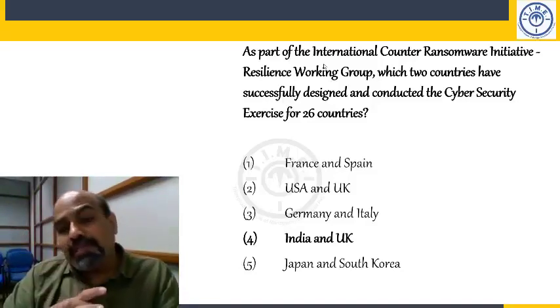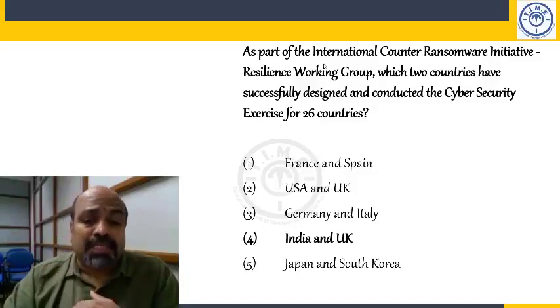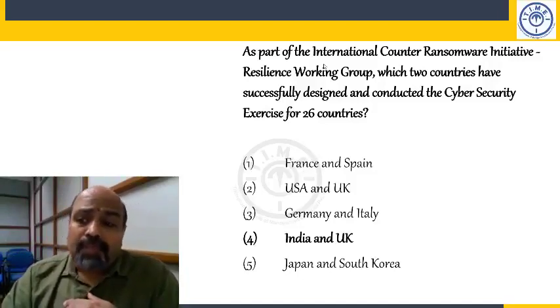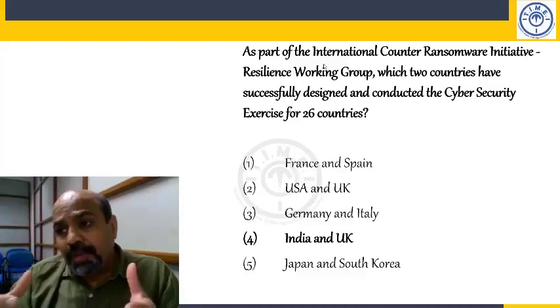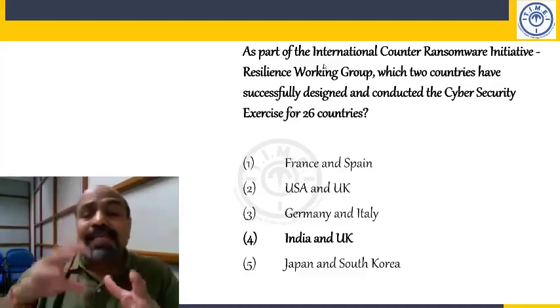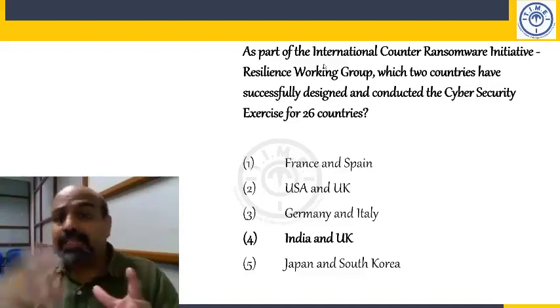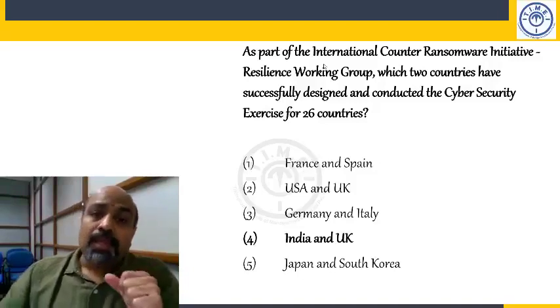So this year, what these two countries did was they focused on the energy sector. And they came up with certain systemic solutions for dealing with multiple attacks on multiple electricity distribution networks companies.